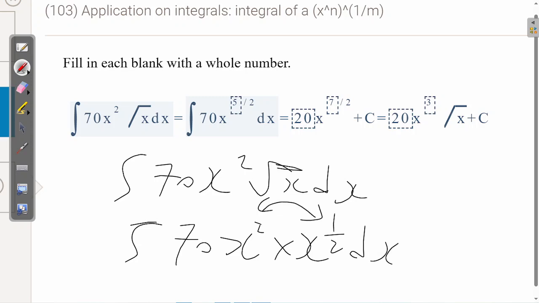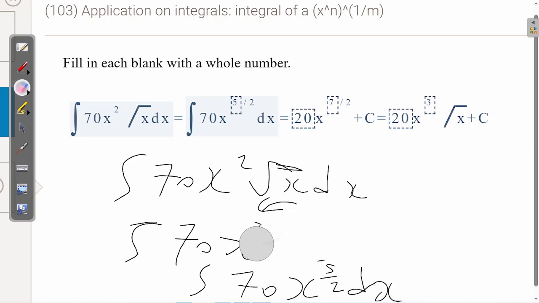You add the powers when you multiply, so it will be integral of 70 x power 2 plus a half will be 5 over 2. So 5 over 2 dx.